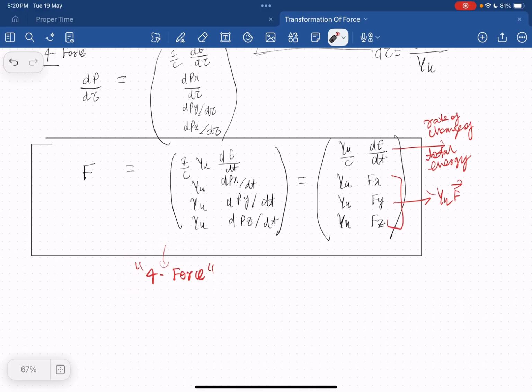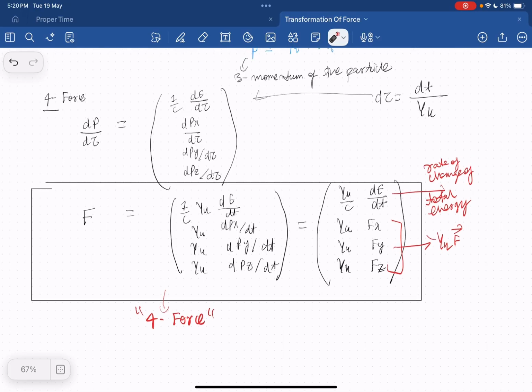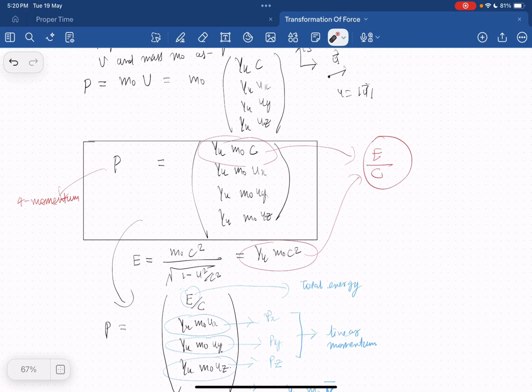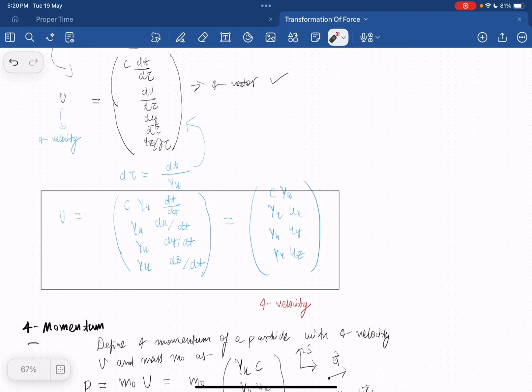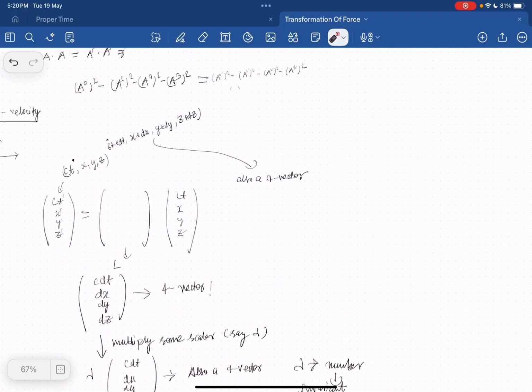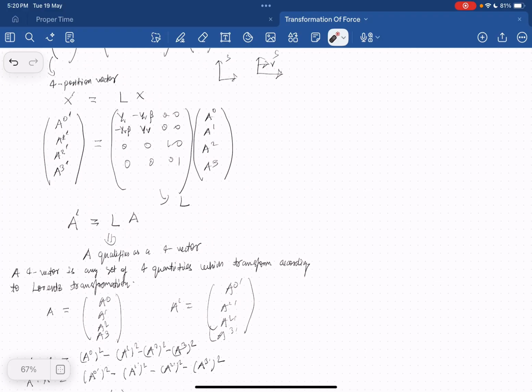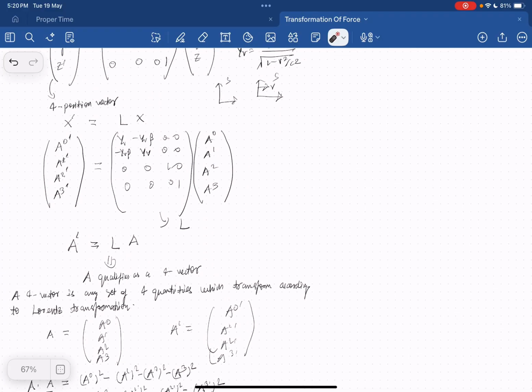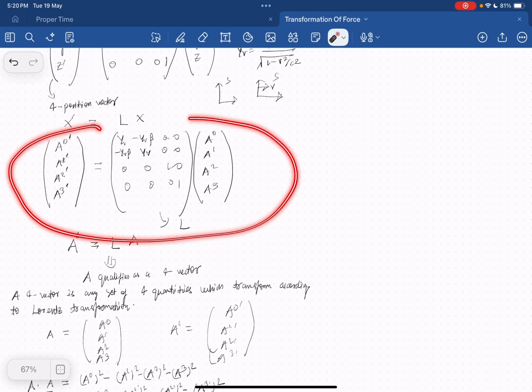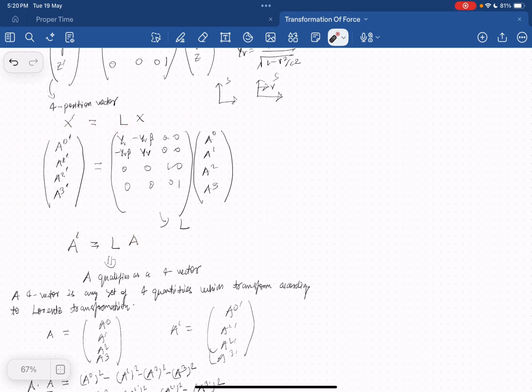And we know that force, since it is a 4 vector, transforms according to the standard Lorentz transformation, which we can describe like this, right?